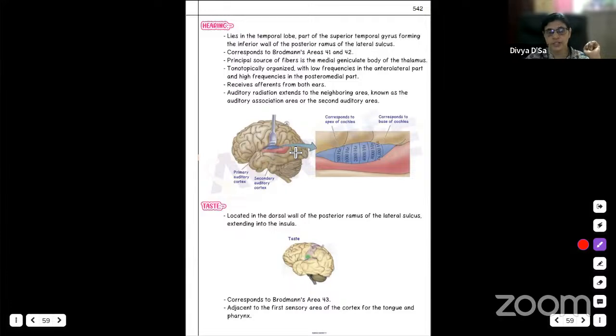The main source of fibers coming to this area is from the medial geniculate body. So this is the primary hearing area.